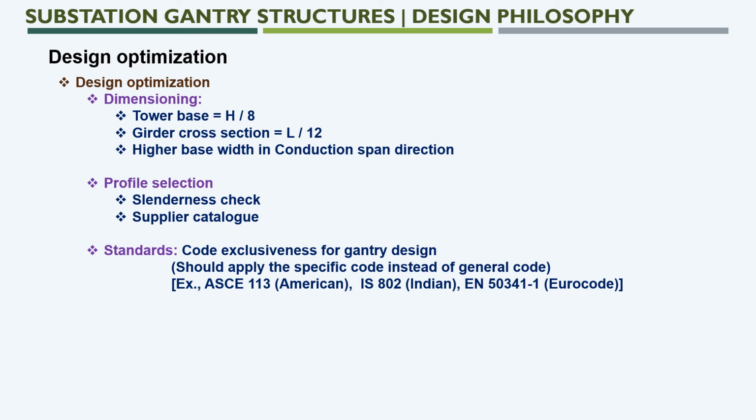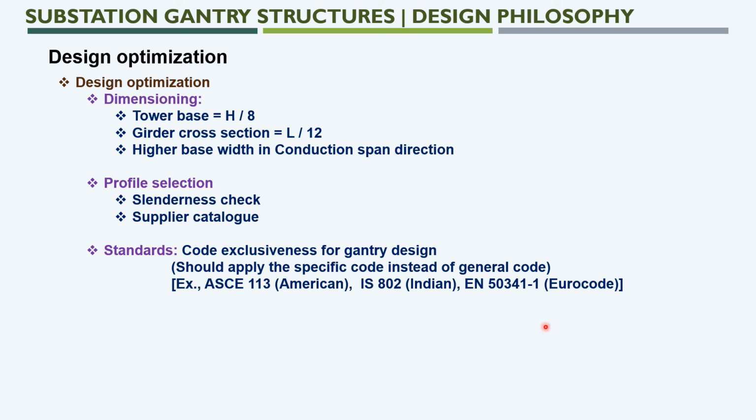Also for European standard EN 50341 part 1 is to be followed for gantry structure loads for substation projects instead of general code like EN 1991 for load calculations and EN 1990 for load combinations.